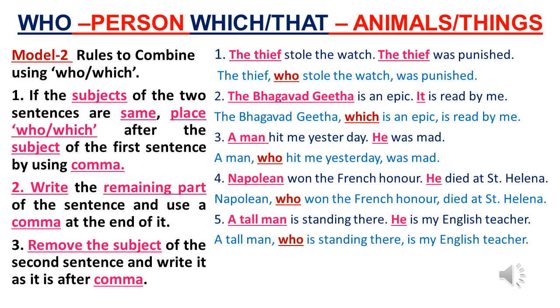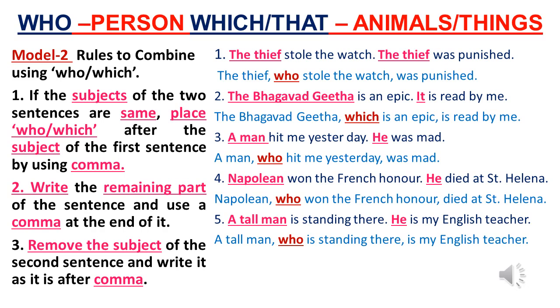This is the first rule. The second rule is write the remaining part of the first sentence next to the conjunction and use a comma at the end of it. This is the second rule. And the third rule is go to the second sentence, remove the subject of the second sentence, write the remaining part of the second sentence next to the comma. That would be the answer.